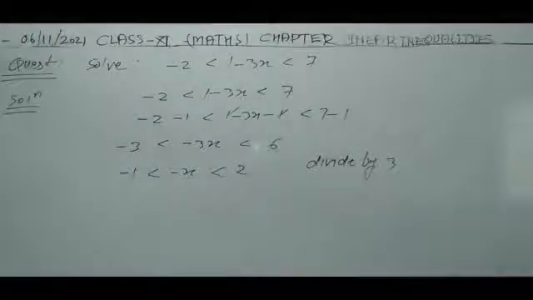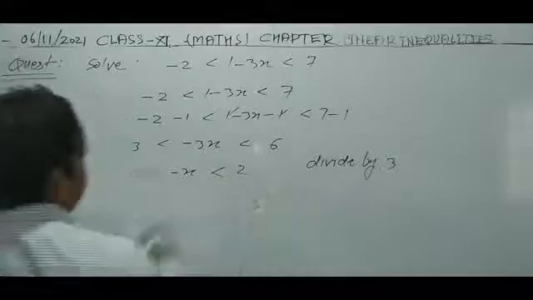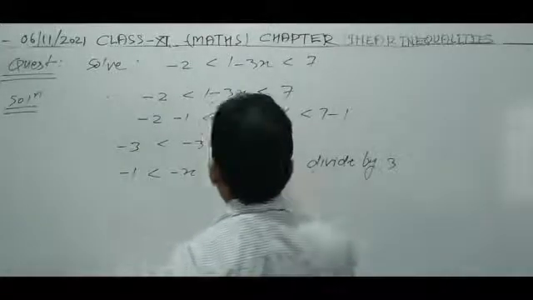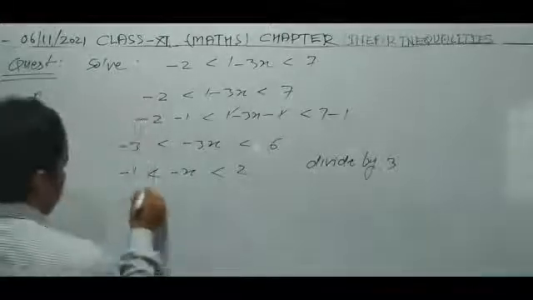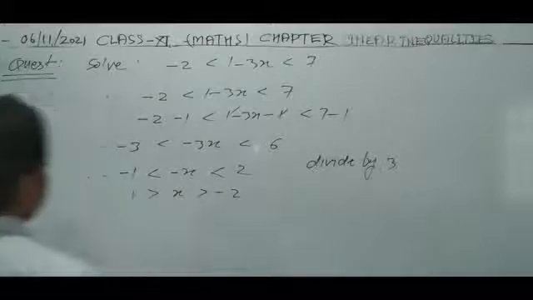See, minus 1 is less than minus x is less than 2. So multiply by minus 1. The inequality will be 1 is greater than x is greater than minus 2.